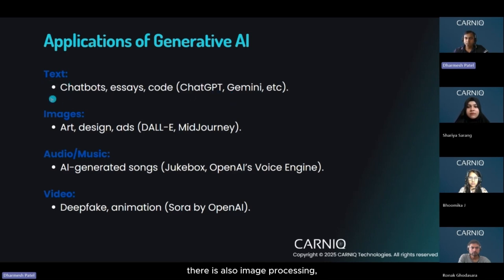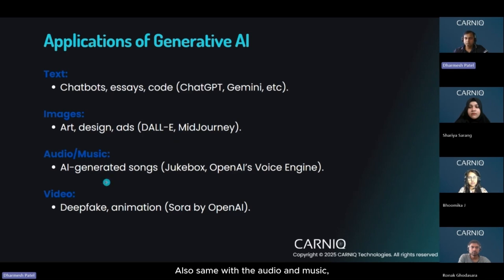There is also image processing. We have also seen that some art or design features are already included in ChatGPT. We saw that the Ghibli images were very famous. Underlying it, it uses one of the technologies we saw previously to generate the images.